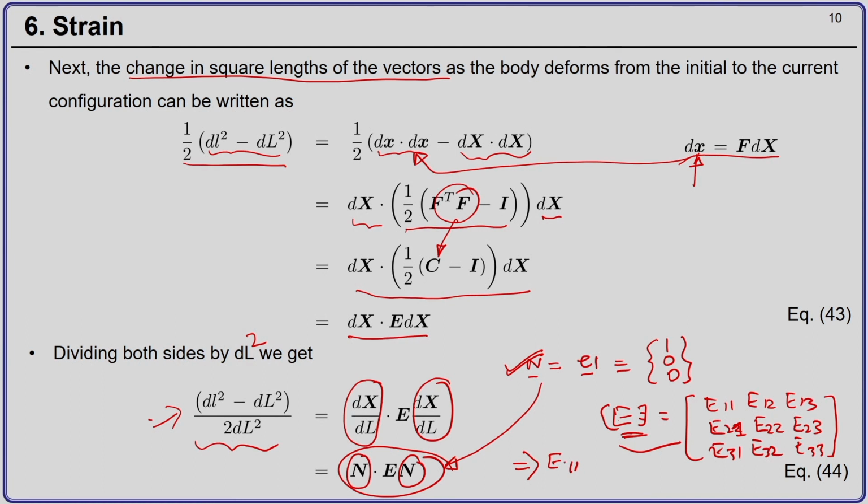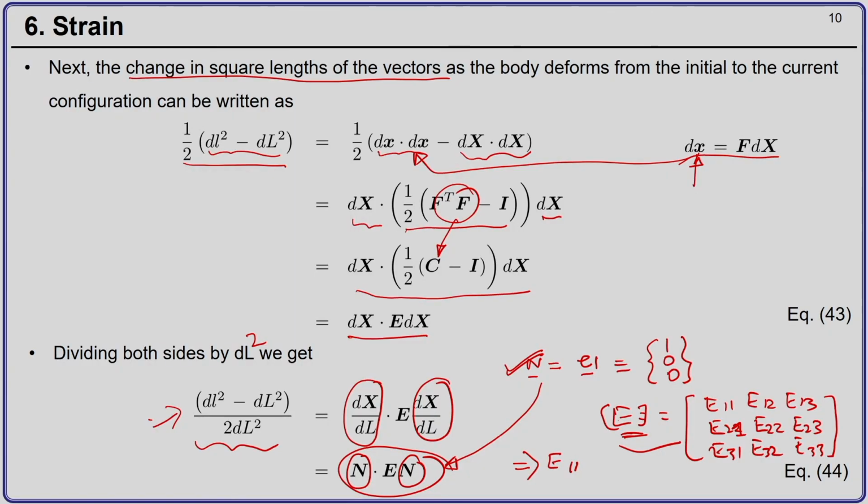What it means is that E11 shows originally if you had a material element, a vector lying along the x1 direction, whose length was d capital L, and now after deformation it becomes d small l, but along the same direction. Then the change in the square length divided by the original length square will be nothing but the first component of the Green-Lagrange strain tensor, which is E11.